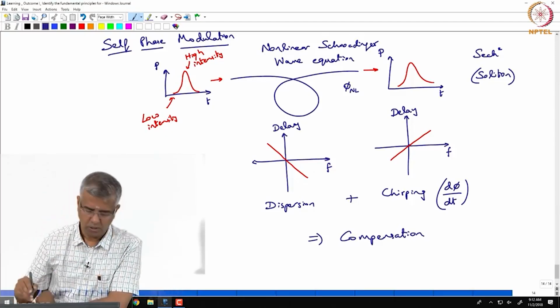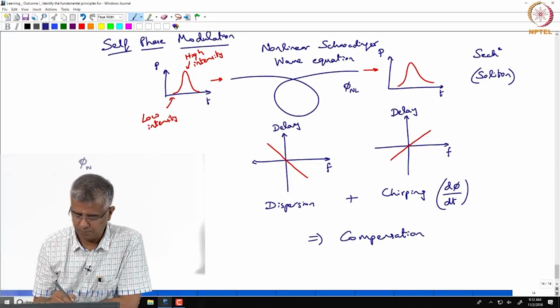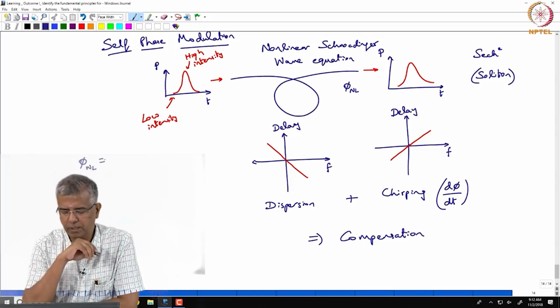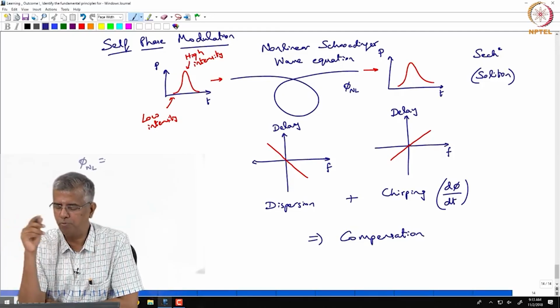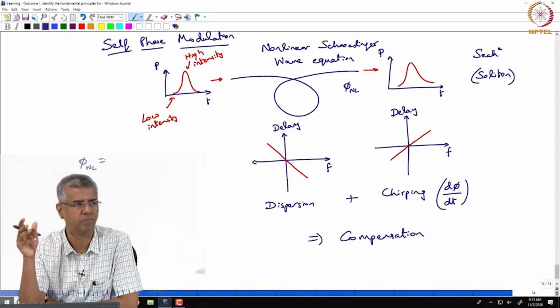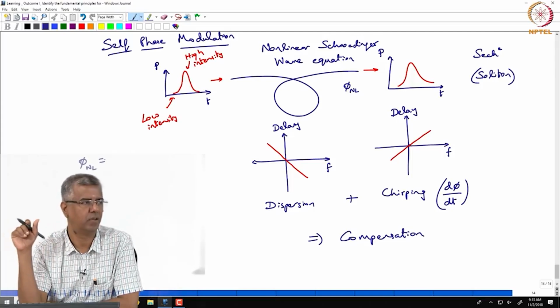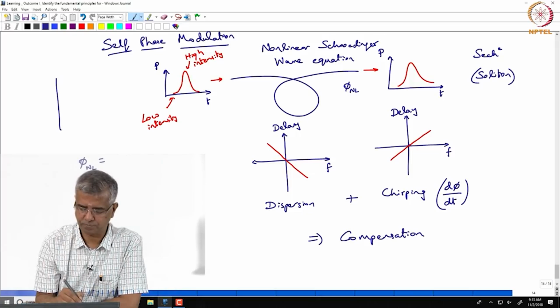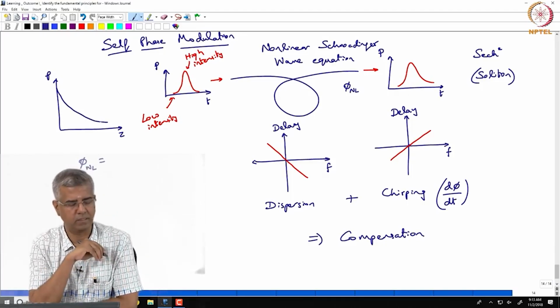To look at that, what we have to consider is that you have one value for the nonlinear phase if you consider the power to be uniform along the length of the fiber, but we know that is not possible because the fiber does have loss. So the power is actually exponentially decaying along the length of the fiber, right? So if you look at the power that's propagating through the fiber, we know that it's going to be exponentially decaying.